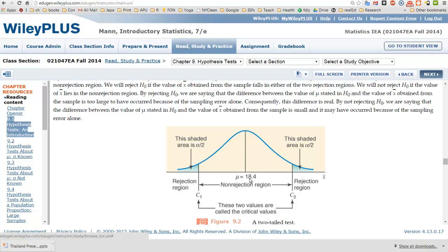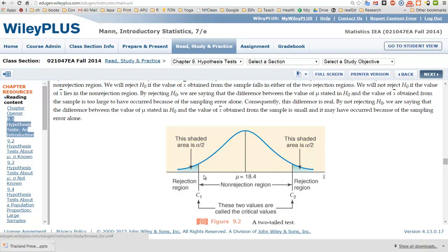Even though the mean is there, we know from the sampling distribution of x bar, the sampling distribution of the mean, that if we take a sample we don't always expect to get exactly 18.4. We might get something a bit higher or a bit lower. So this curve describes the probability that we'll get something lower and that we'll get something higher.